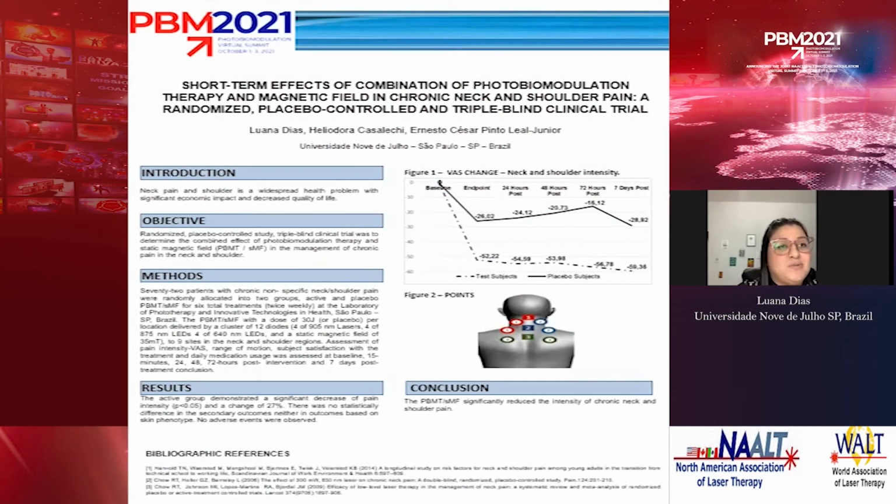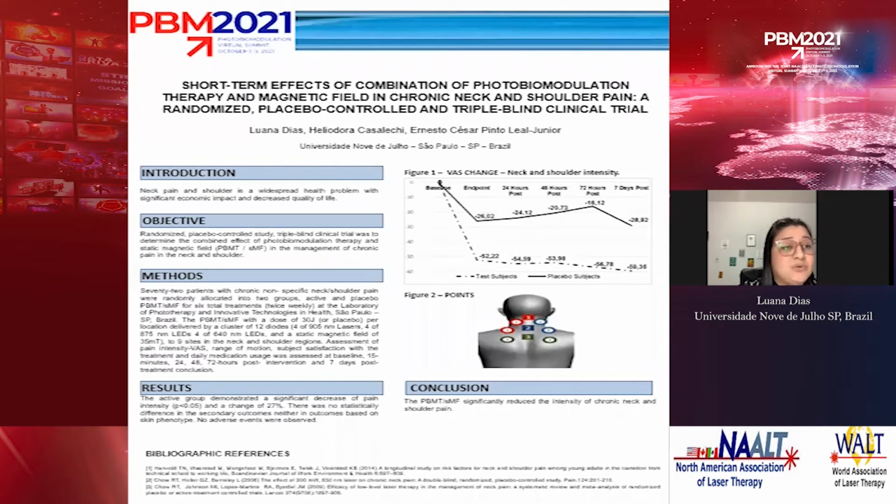Short-term effects of the combination of photobiomodulation therapy and magnetic field in chronic neck and shoulder pain, a randomized placebo-controlled and triple-blind clinical trial. Neck and shoulder pain is a widespread health problem with significant economic impact and decreased quality of life.